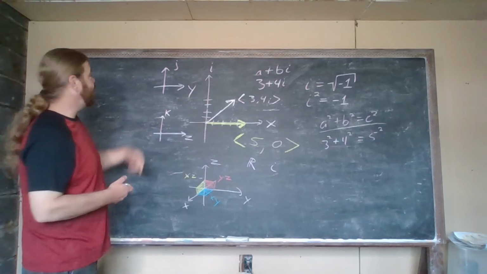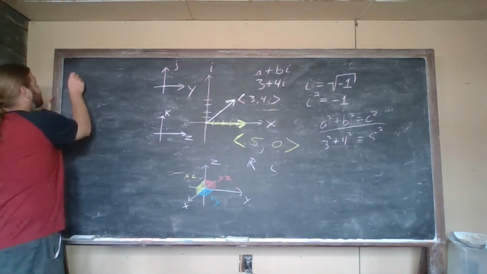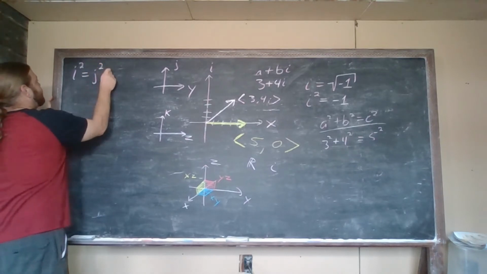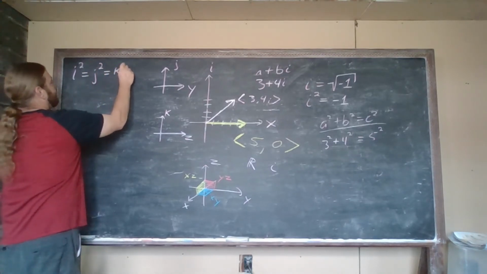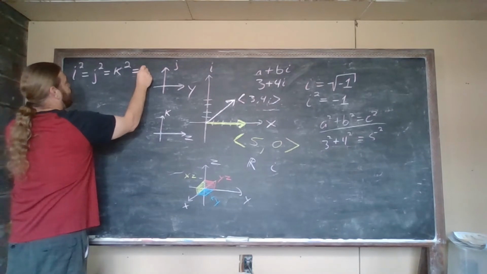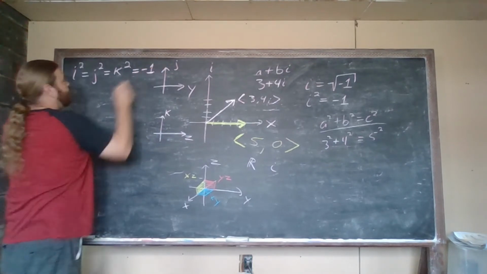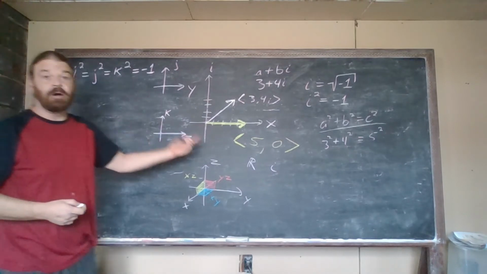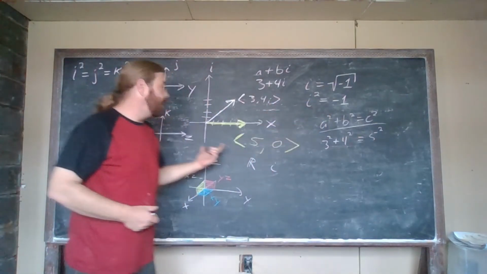So we continue that on. With quaternions, I squared equals J squared equals K squared, which gives us -1. So I, J, and K are all square roots of -1.